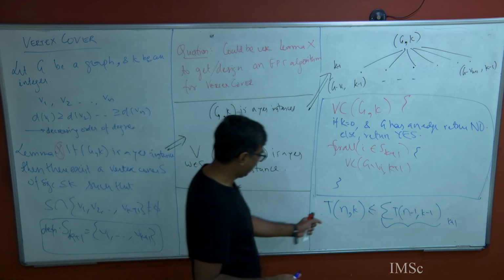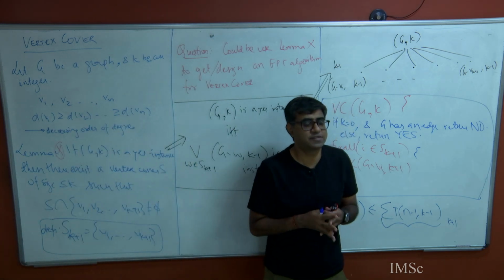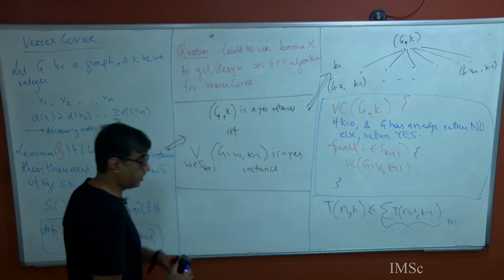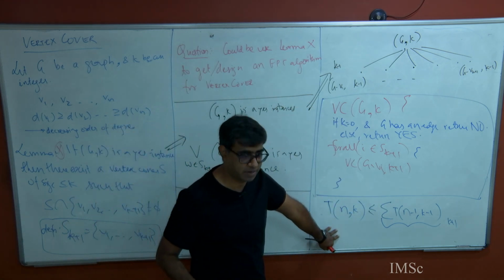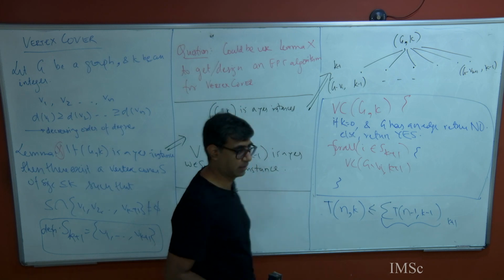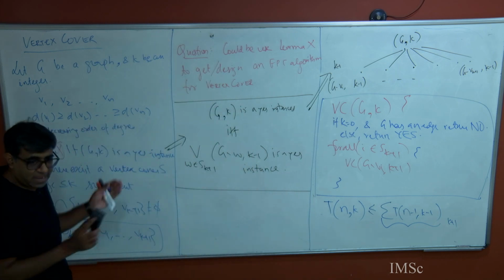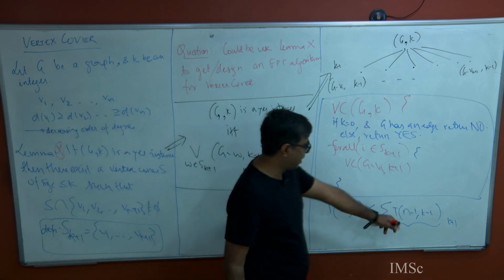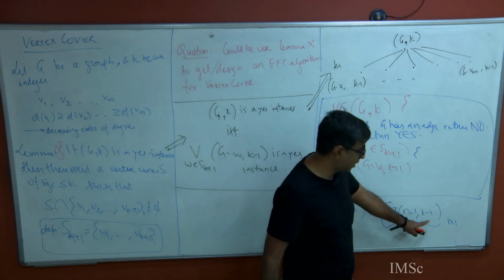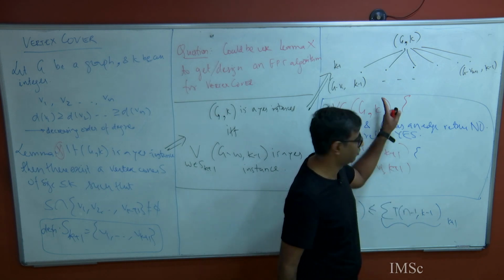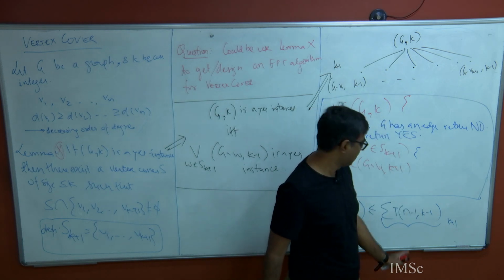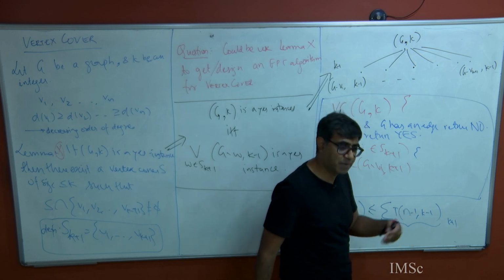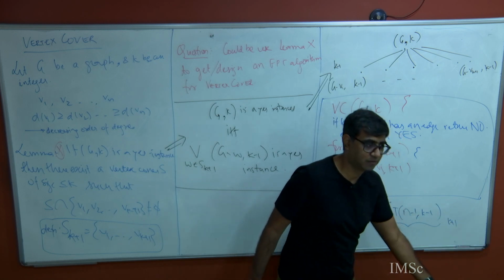I do not care about n, I just want to say, okay, this definitely captures my running time appropriately and exactly. Now let me disengage n and k, because all I can say is some n minus 1, k minus 1, but what is my one stopping condition? When k becomes 0, I do have a stopping condition, right. So I do not care at that stage what n is, right.